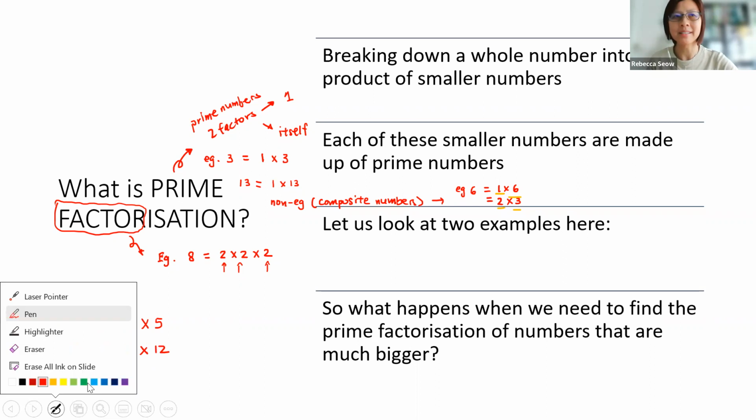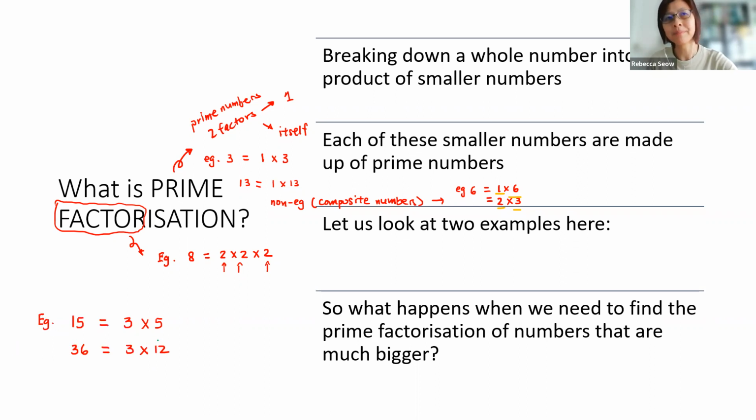However, you realize that while 3 is a prime number, or rather a prime factor, 12 is not. 12, in fact, can be broken down into 2 times 2 times 3. Each of these are prime factors of 36. So 36 could be broken down into 2 times 2 times 3 times 3. This is actually the prime factorization of 36.